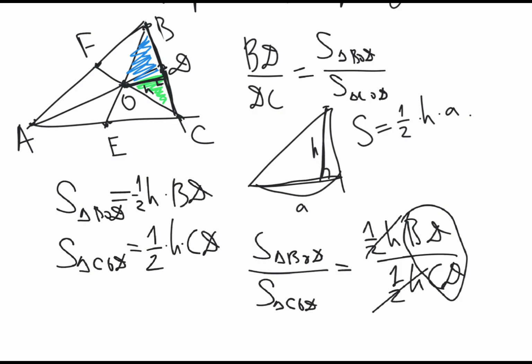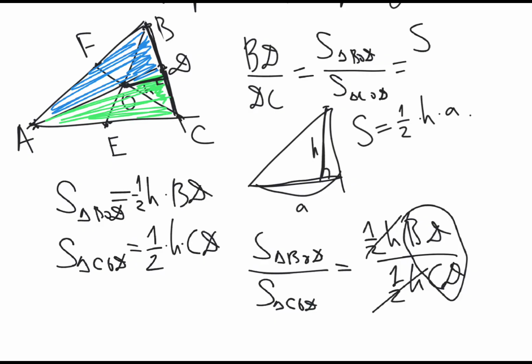On the other hand, we can do the same argument when we take this large triangle. So this large triangle and this large triangle, they again have the same sides BD and DC lying on the same line, and the opposite vertex is the same.